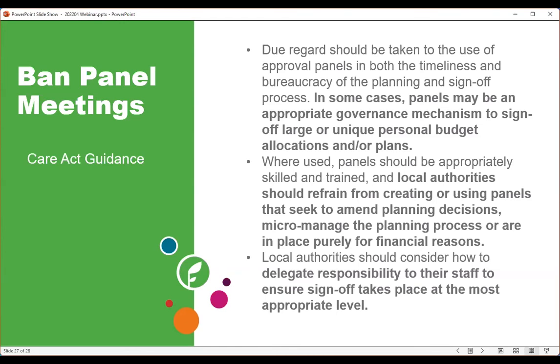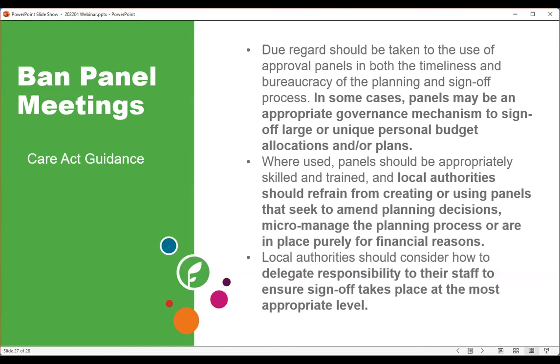So having a meeting that focuses just on one subsection of the eligibility question seems a little bit odd. And the other bit, the guidance I've put on this slide, comes directly from the Statutory Care Act guidance, which I think probably talks mostly about panel meetings and resource allocation meetings that happen in social care anyway.